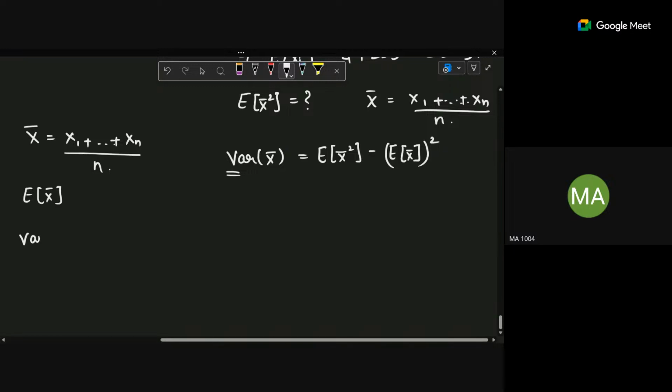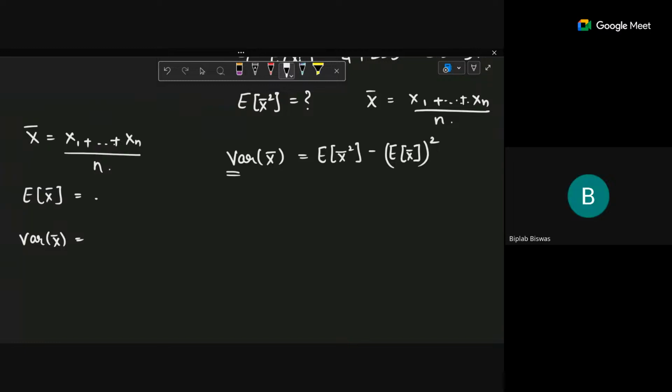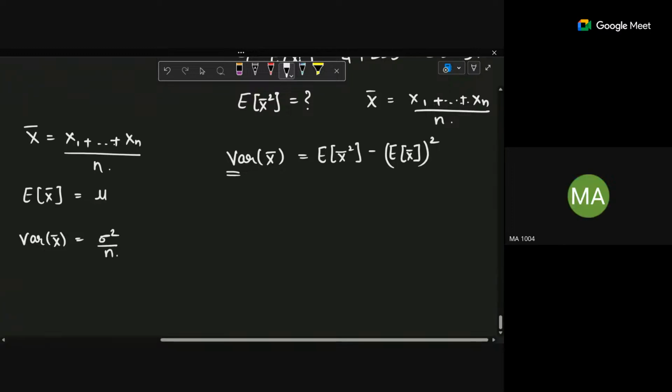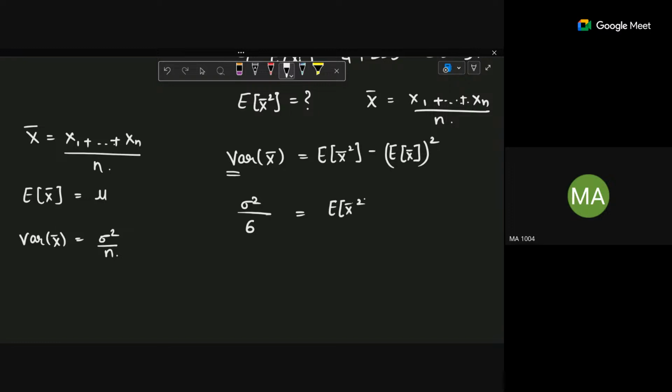We discussed that in the last session, if you recall. Expectation is mu, and variance is sigma square by n. What is n in this particular question? 6.